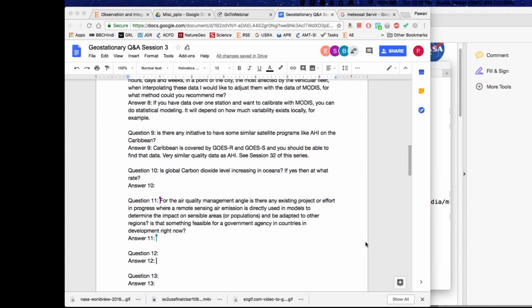There are several efforts where satellite-based emissions databases have been derived, and agencies like NOAA, EPA, and NASA do use them in models to account for emissions from various sources.